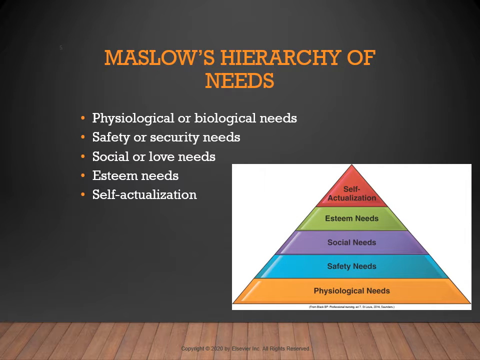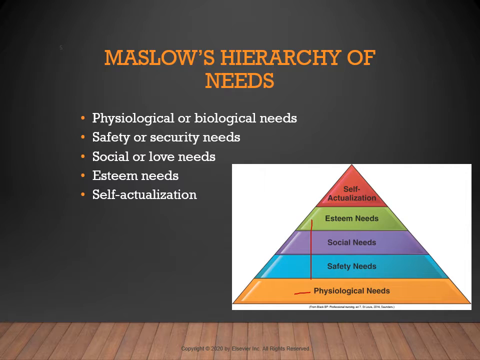So Maslow's hierarchy of needs, you'll see this one in figure 3-1 in your textbook. There are 5 levels of needs, which range from basic biological needs to social or psychological drives. You have to meet the lower needs first before you can move up in the pyramid.